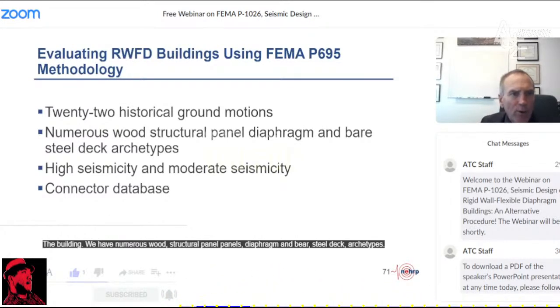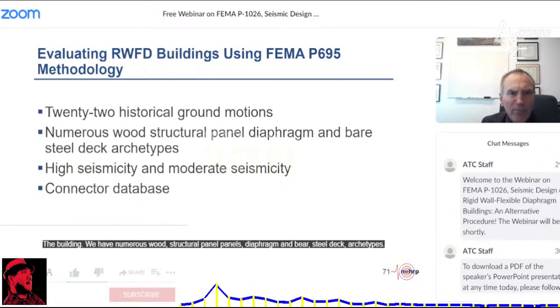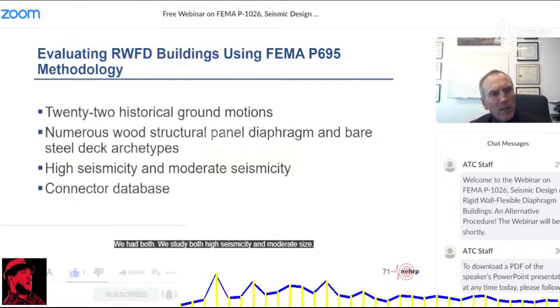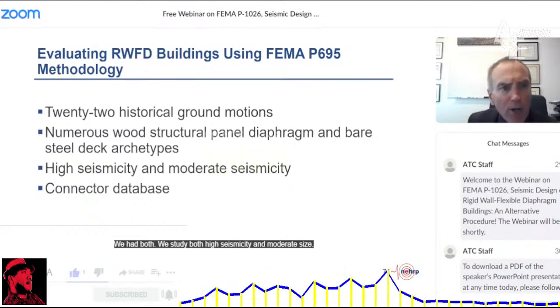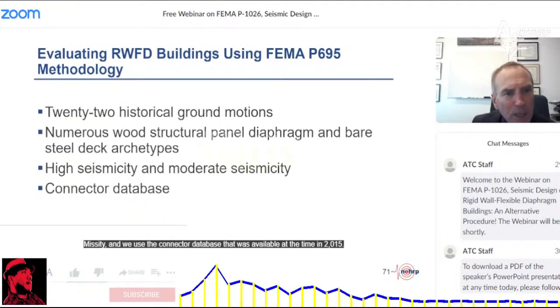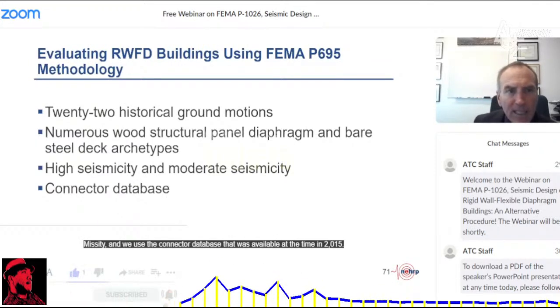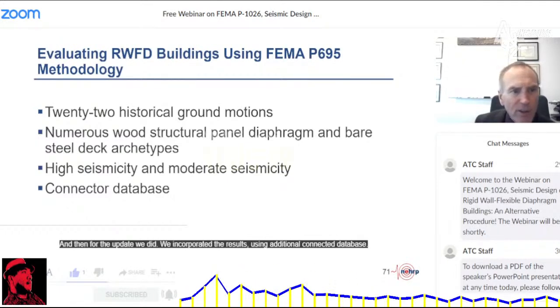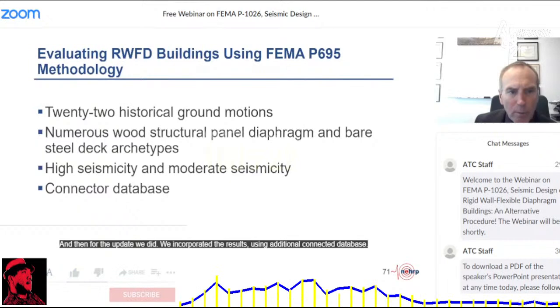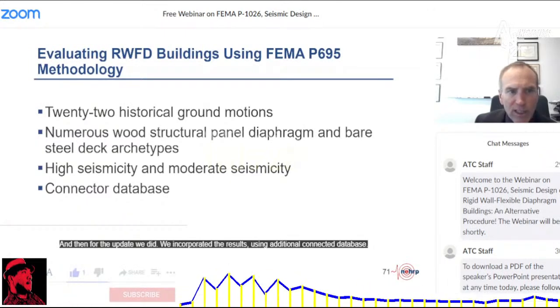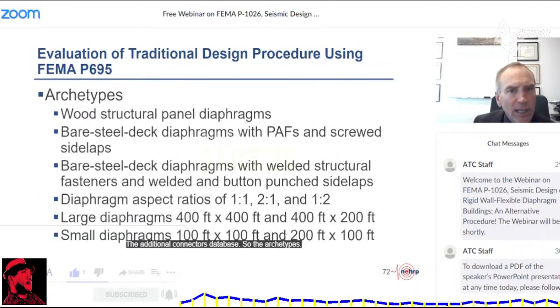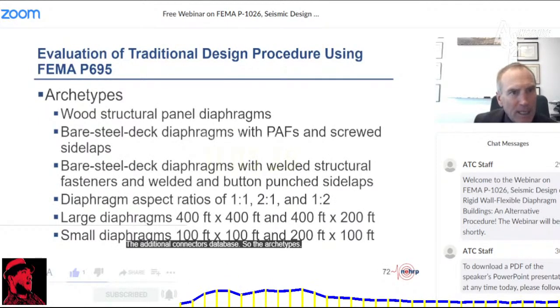We have numerous wood structural panel diaphragm and bare steel deck archetypes. We study both high seismicity and moderate seismicity, and we use the connector database that was available at the time in 2015, and then for the update we incorporated the results using the additional connectors database.